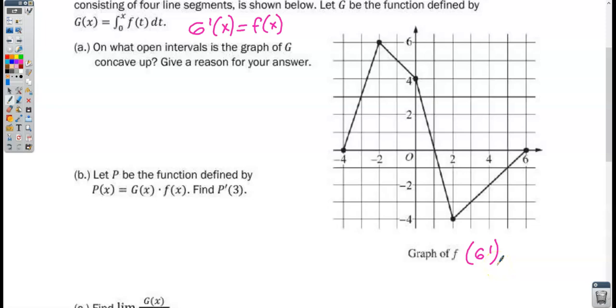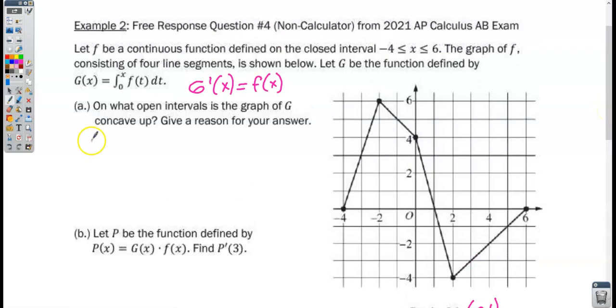All right. So let's go about answering these questions. Part A, on what open intervals is the graph of capital G concave up? Okay, since this is G prime, that means we want G prime to be increasing in order for G to be concave up. So we want the slope of G prime to be positive. So that happens on the interval from -4 to -2, and from 2 to 6.